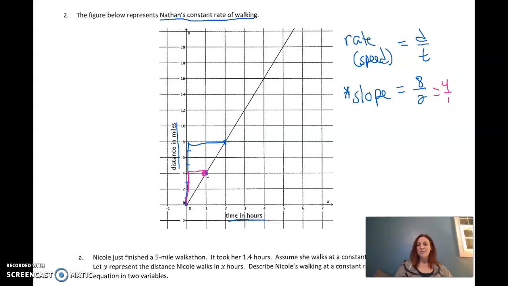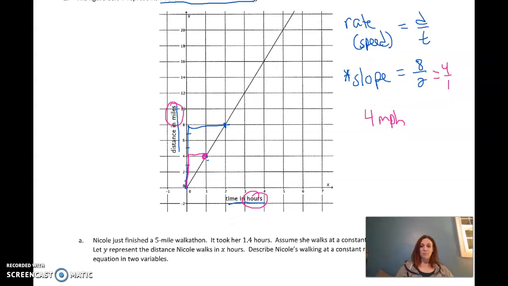Well, that all equals the same thing, okay? Our rate, our speed is 4 miles per hour. So we can tell his constant speed by looking on the graph, okay?